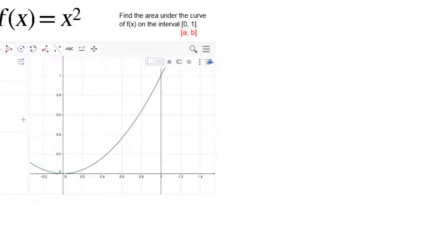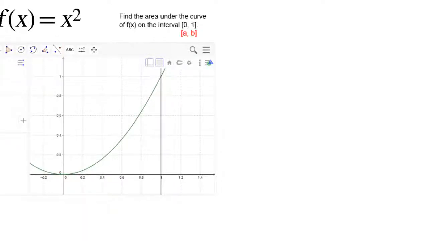So this equals the limit. Now this makes it easy because a is 0 here again. So the limit as n approaches infinity of b minus a over n times the summation from i equals 1 to n of f of a plus b minus a over n times i.